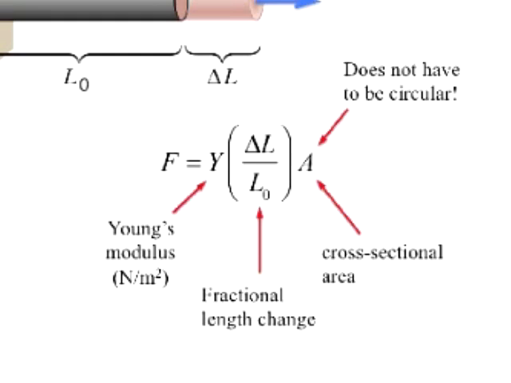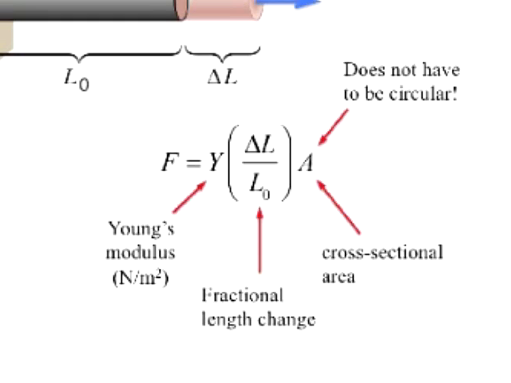In this equation, F denotes the magnitude of the stretching force applied normal to the surface at the end. A is the cross-sectional area of the rod, ΔL is the increase in length, and L0 is the original length. An analogous picture applies in the case of a force that causes compression.